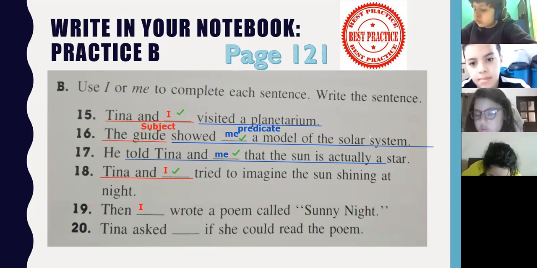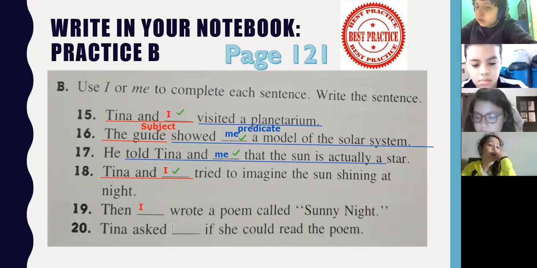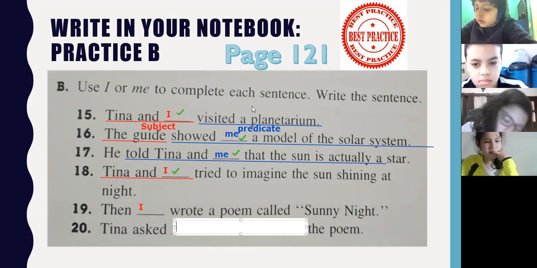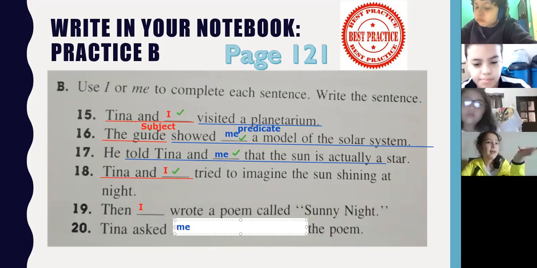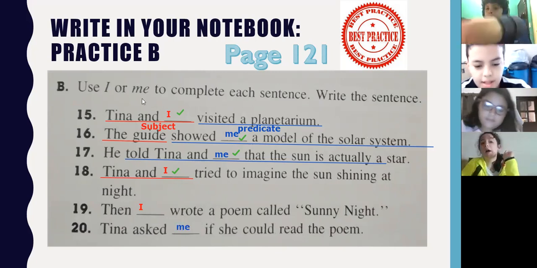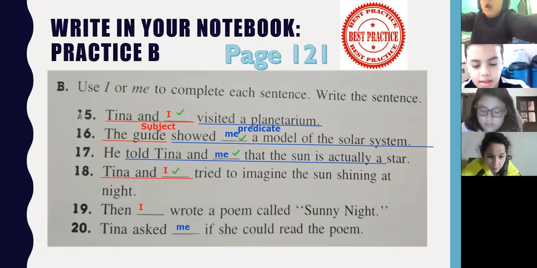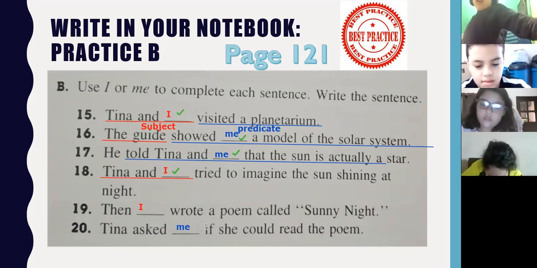What is the answer? Tina asked me. That's me, that's right. Why me? Because it's in the predicate. That's right, it's on the predicate. So Tina asked me if she could read the poem.